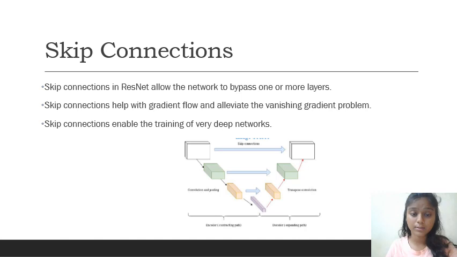As we can see, we have the convolution layers and the skip connections, so we can skip all of these and move directly to the other. From this we can avoid the vanishing gradient problem. As we train, the gradients become lower and lower, which creates a greater problem. So we use the skip connection, skipping all of these connections and moving ahead directly.